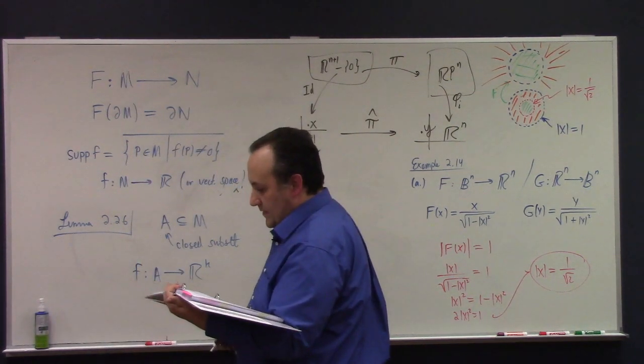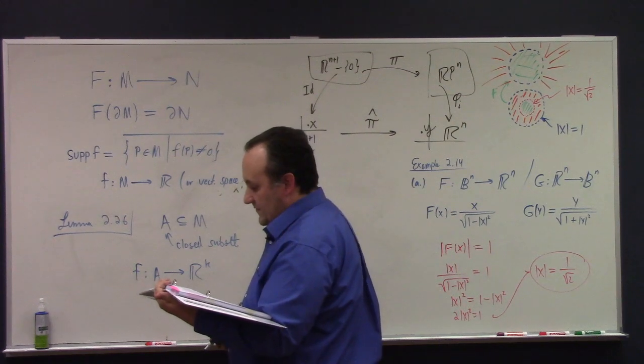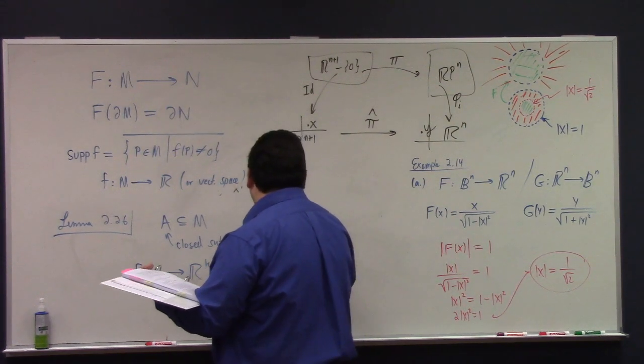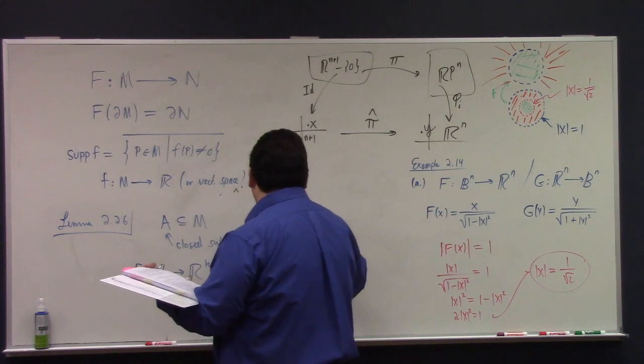A smooth function. Then for any open subset U containing A, so if this is A and you have U like this, all right?